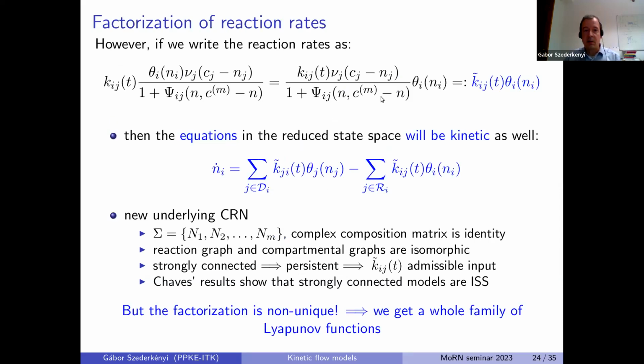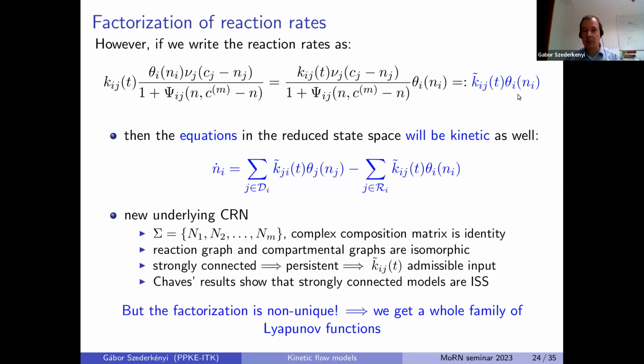But if we factorize the reaction rates, which is generally non-unique, then we can basically embed the equation into another kinetic form, the structure of which will be isomorphic to the structure of the compartmental graph. And finally, we can prove the input to state stability of the generalized ribosome flow model.